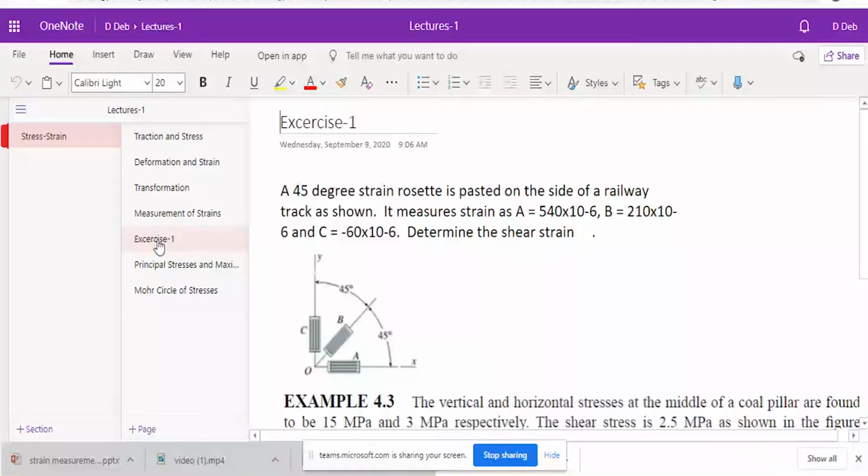The strain at strain gauge A is 540 into 10 to the power minus 6, B is 210 into 10 to the power minus 6, and C is minus 60 into 10 to the power minus 6. What you have to tell me is the value of gamma xy.